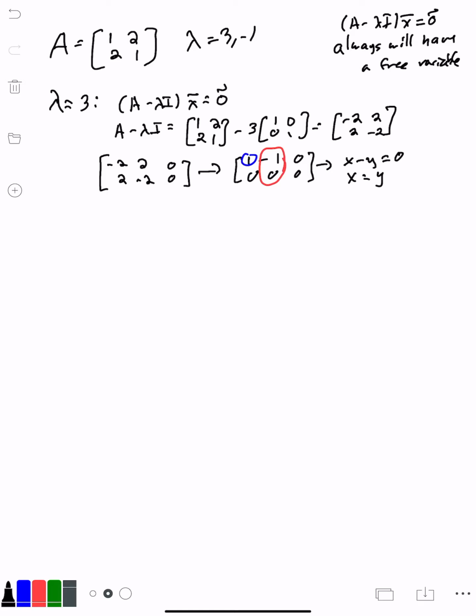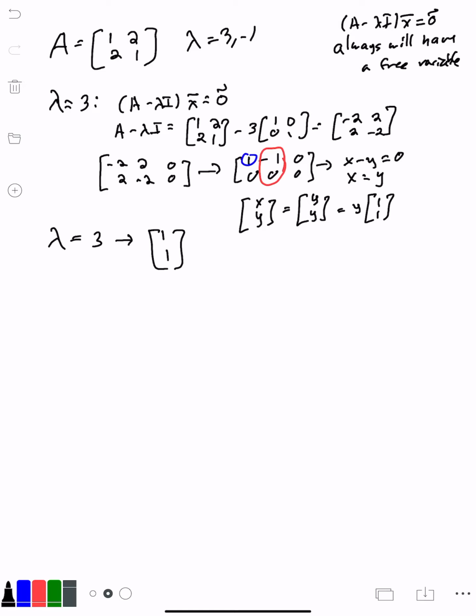And that means the solution of this system, x y, is y y, because x equals y, and that's y times 1, 1. That means my eigenvector for lambda is 3 is the vector 1, 1, which again is what we saw in the previous video, but now you see how we can solve for it instead of just knowing what it is.